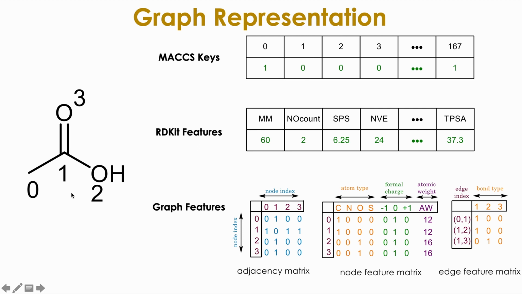And let's say if we have 100 molecules or 1000 molecules, we have a graphical representation of all of these atoms and bonds in a similar manner, in the form of an adjacency matrix, node feature matrix, and edge feature matrix.